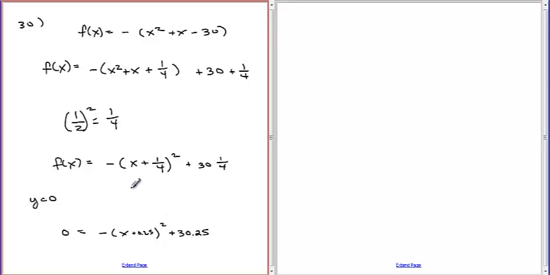So at the vertex, we didn't talk about that. The vertex is at negative 1/4, comma 30 1/4. A is -1, so it's going to point downward. The vertex is actually below the x-axis. And if it's pointing down, then we're not going to have any intersections.